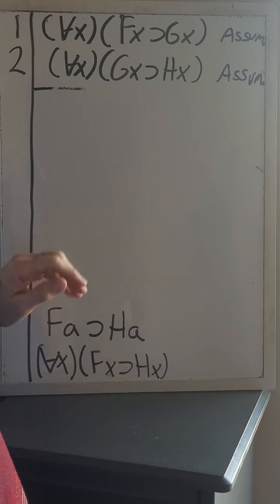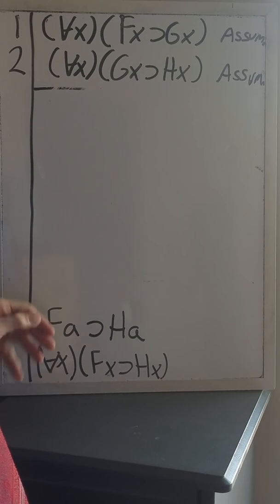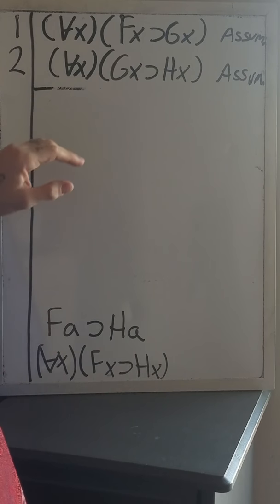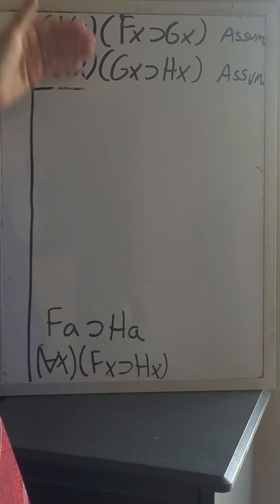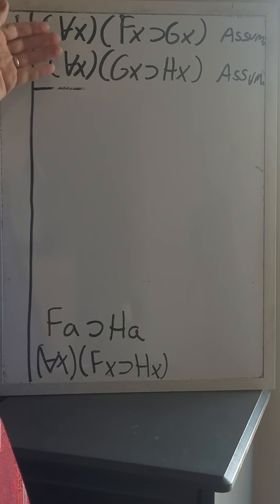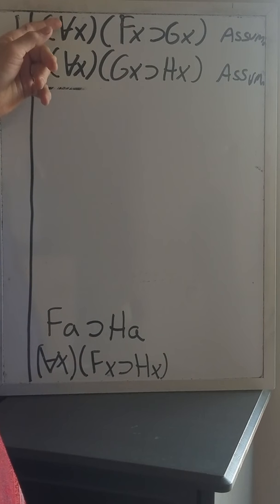There are a couple of restrictions to doing that. We'll discuss them later, but you have to be a little bit careful doing it. But let's start working from the top down now. This is what we want to get, so we have to take these quantifiers off.